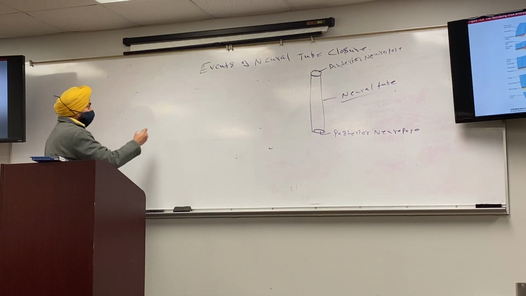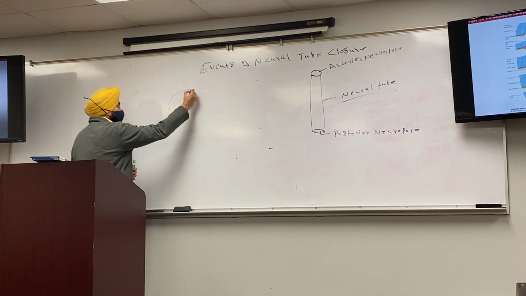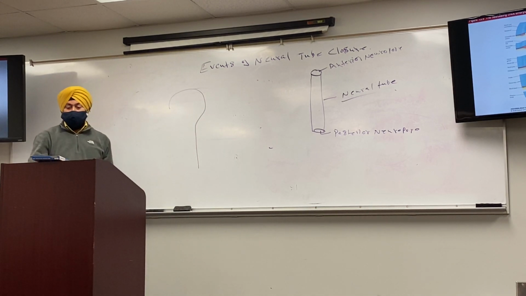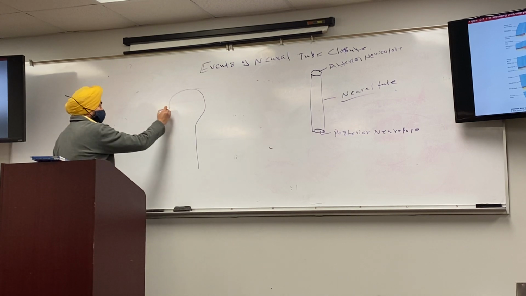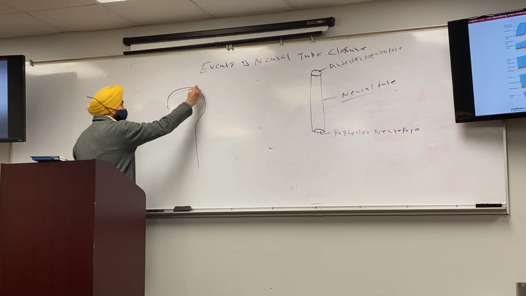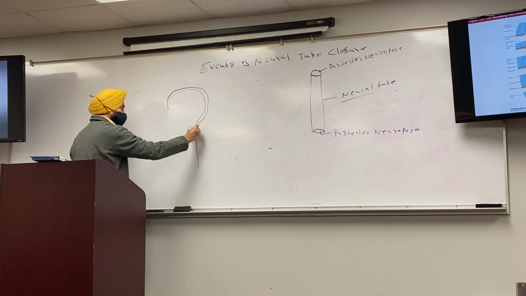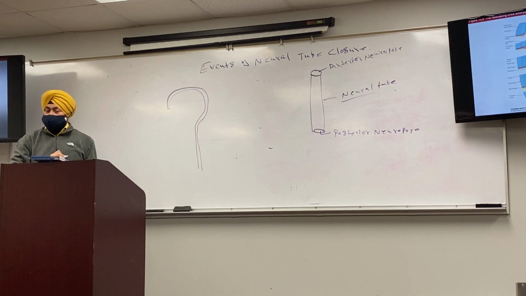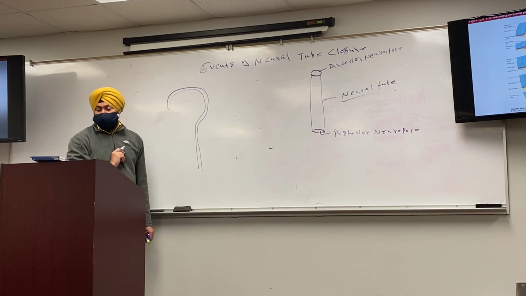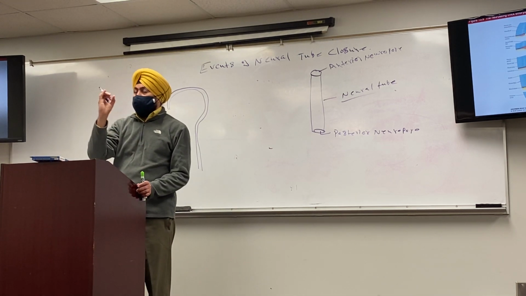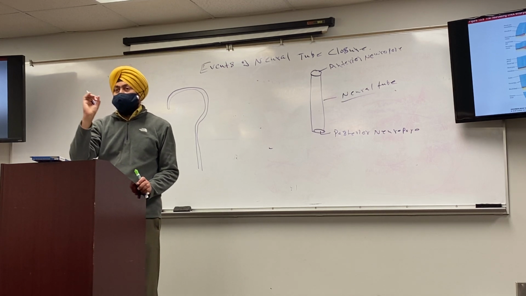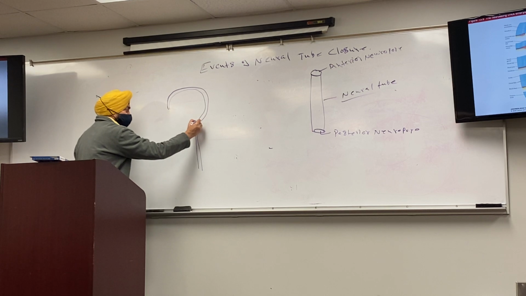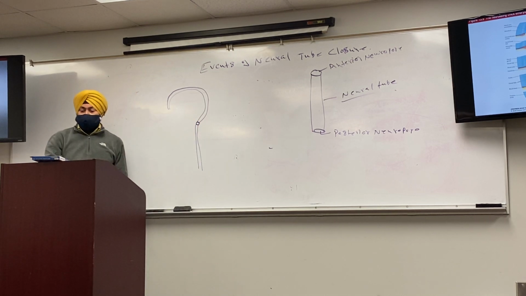So if I'm drawing this human brain, okay, let me draw this tube like this. So that tube should be like this. Okay? So there are at least 5 different closure points at which this neural tube closes. Then there is this site right here where the neural tube closes.